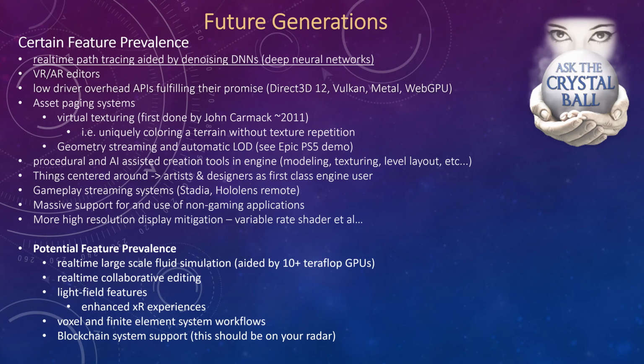And that's pretty much what it does, but in a smarter way. So this is already supported on the current generation of PC cards. This will be supported on the new Xbox, and I haven't heard anything about the PlayStation. But it's another resolution cost mitigation technique.